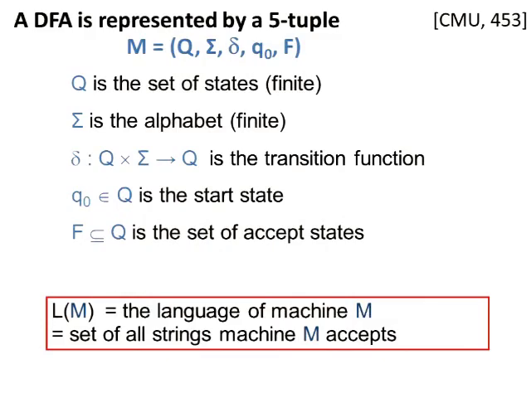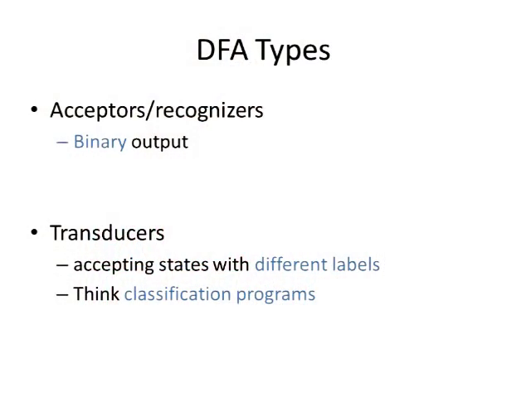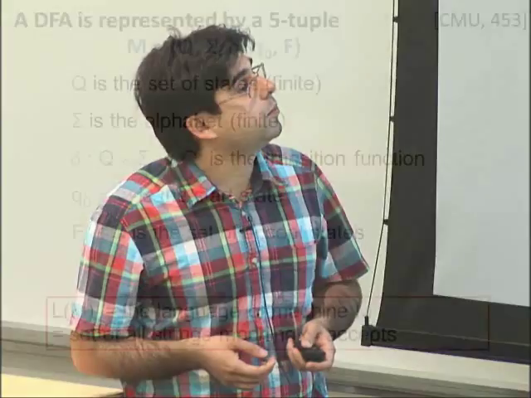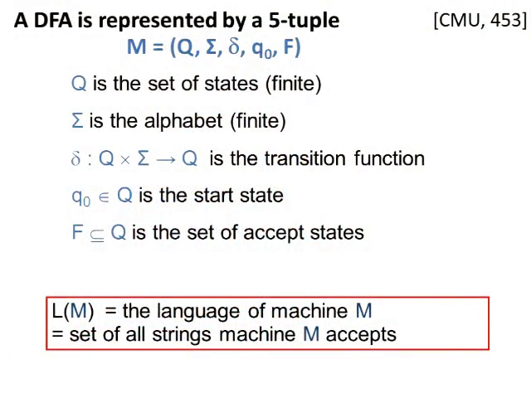Again, the language that the DFA accepts is the set of input strings that end up in an accepting state when the DFA evaluates them. So you also have a language associated with a DFA. Besides that, that's all we really need.